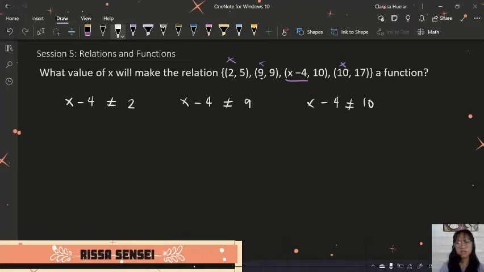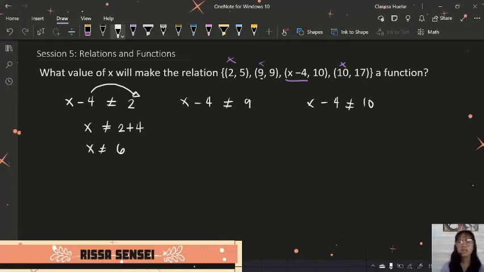So, para makuha natin yung value ng x, yung tinatawag nating transpose, pero ang talaga nangyayari is APE. So, we will just add 4 on both sides. That is the additive inverse of negative 4. So, x must not be equal to 2 plus 4. And kapag inadd natin, that is equal to 6.